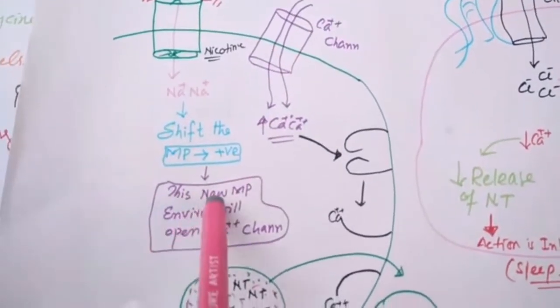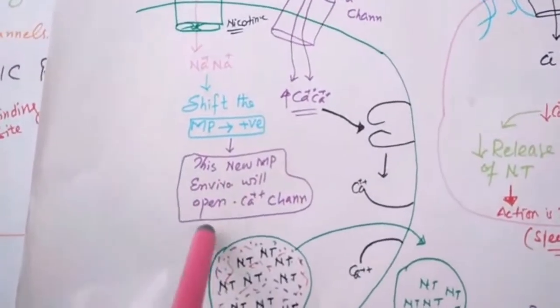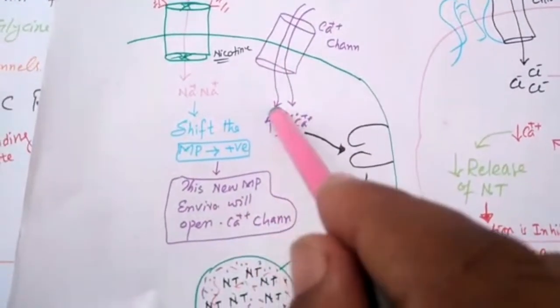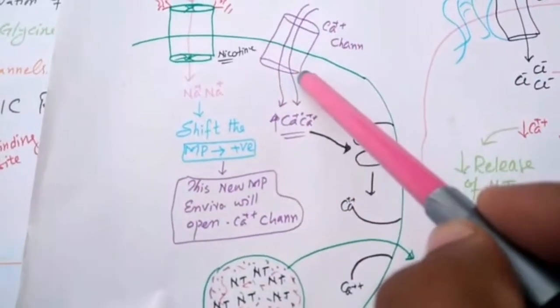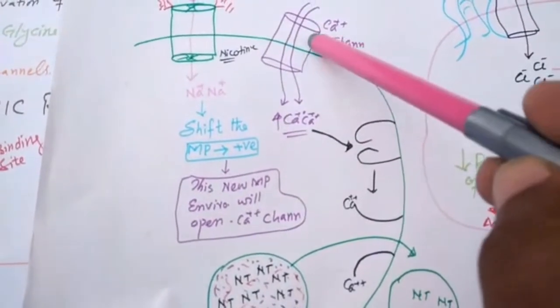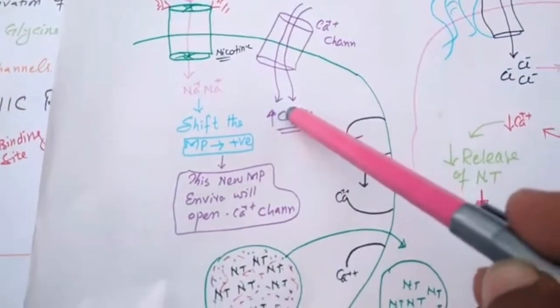Now this more positive potential environment will open the calcium channel, and these channels are known as potential dependent calcium channels. When these potential dependent calcium channels open, there is increased calcium influx.